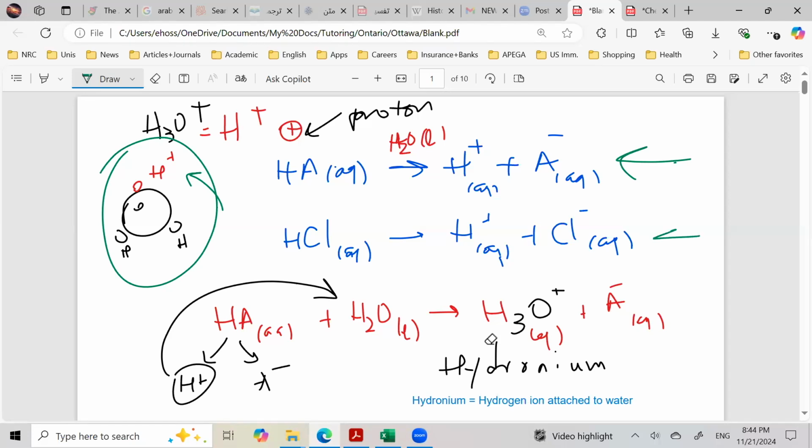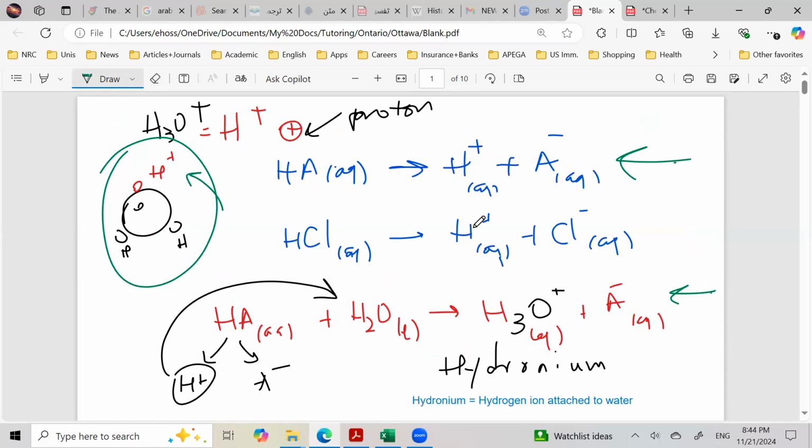But if you write water molecules as the reactant, you need to balance, so it has to show up as hydronium ion on the other side, which is basically hydrogen ion, the same thing. Both forms are accepted. There's no difference. Well, the second one is better because that's what's happening in reality. When you put an acid inside water, this is what the reaction looks like.